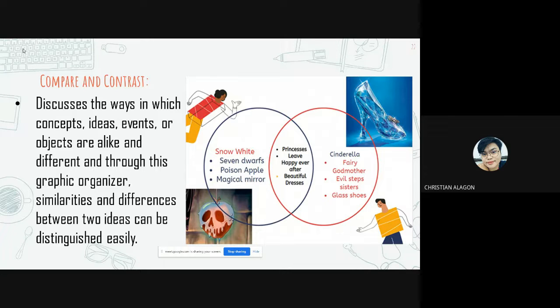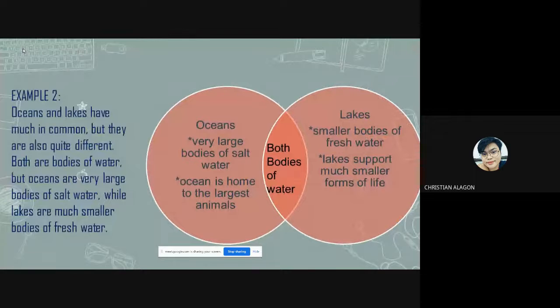Alright, so I have here an example of compare and contrast also. Oceans and lakes have much in common, yet they are also quite different. Both are bodies of water. Both oceans are very large bodies of salt water, while lakes are much smaller bodies of fresh water.